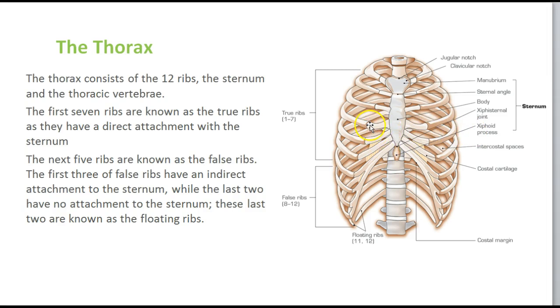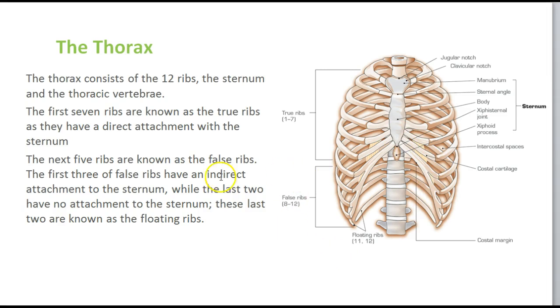I think that I've said that wrong, but you don't really need to know those, but you need to know they all make up the sternum. What you do need to know is that is the sternum. Then we've got intercostal spaces here, so that's the gaps in between the ribs. And then we've got our costal cartilage, which is here, which is attaching the ribs to the sternum.